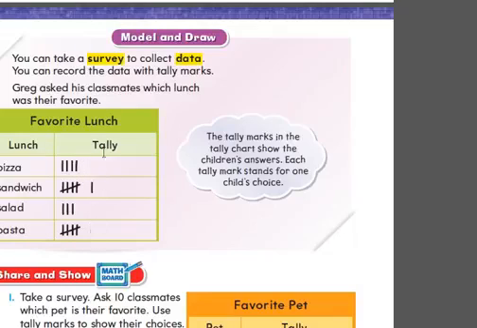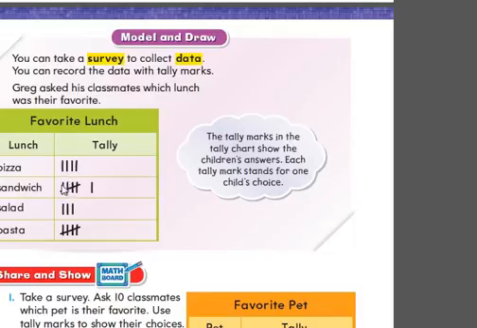And here are the numbers of the tally marks. The tally marks in the tally chart show the children's answers. Each tally mark stands for one child's choice. So let's count how many tally marks are here. 1, 2, 3, and 4. So 4 students preferred pizza at lunch.